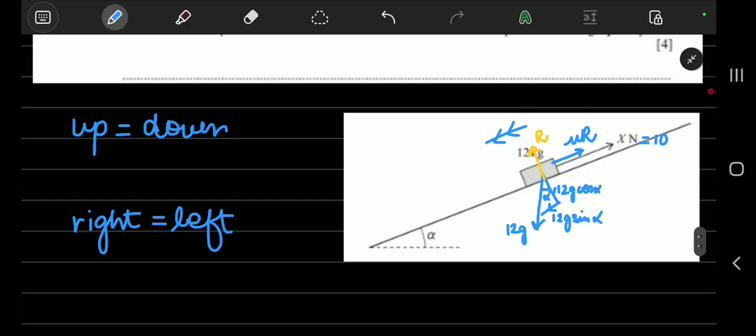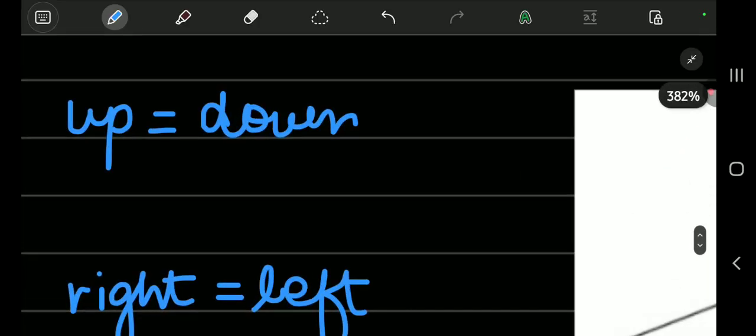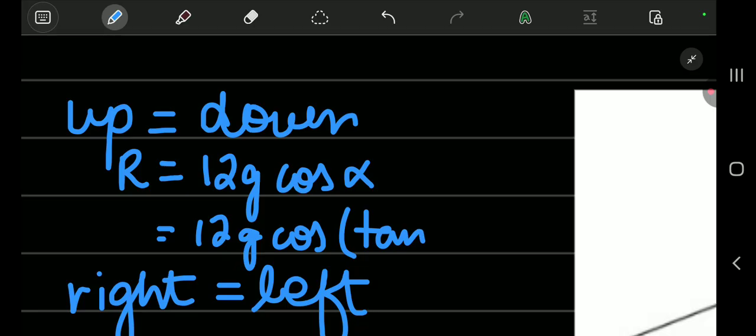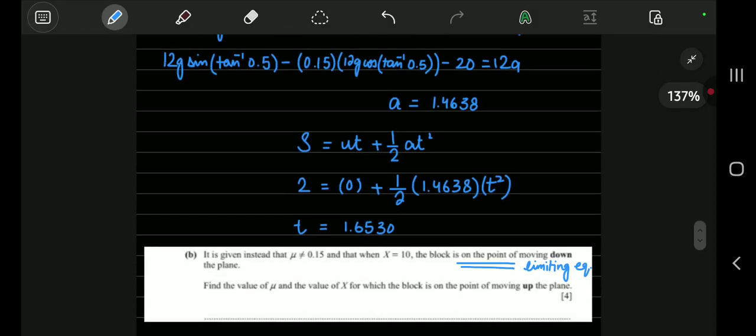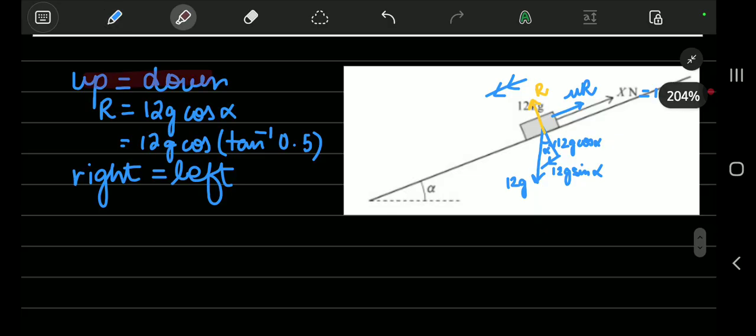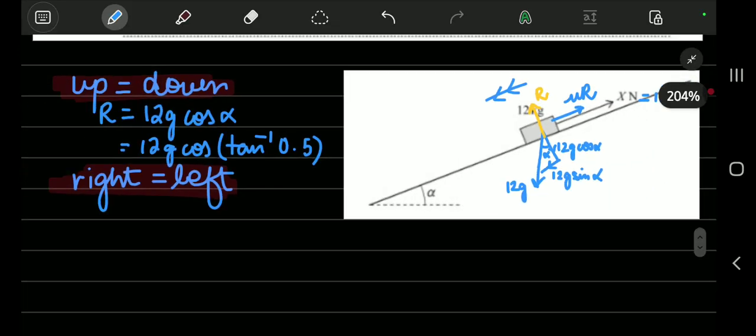So up equals down gives you r equals 12g cos alpha, the same. Alpha is tan inverse of 0.5. And right equals left will give you, both forces are not on the right side.